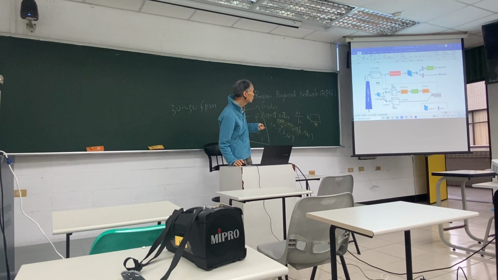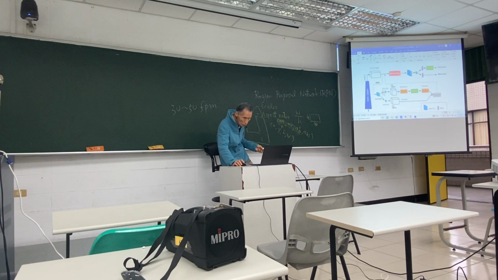Then you carry out 2 branches, one for objectness and one for the possible region. And then finally it goes to the ROI pooling, and then convolution, and then finally calculates to predict the class and the bounding box. So that's the basic procedure.